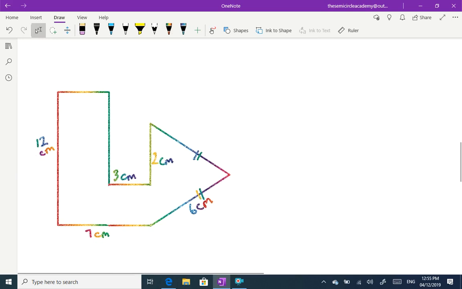Now, obviously, we could actually combine different shapes to form compound shapes, and compound shapes are when we have different shapes forming a complicated looking shape, right?